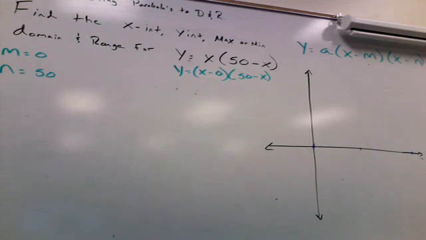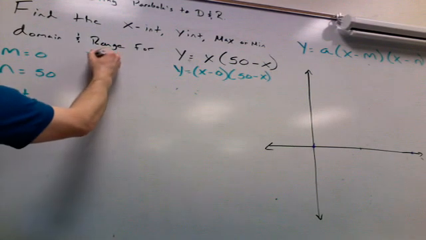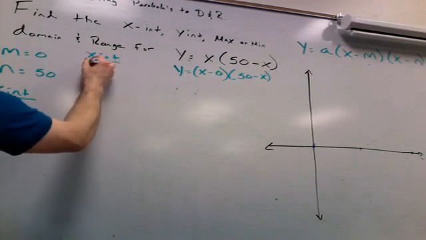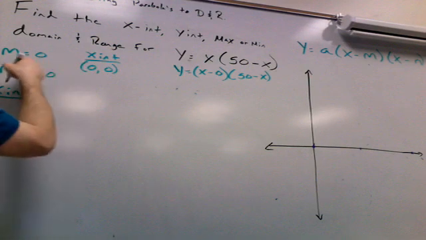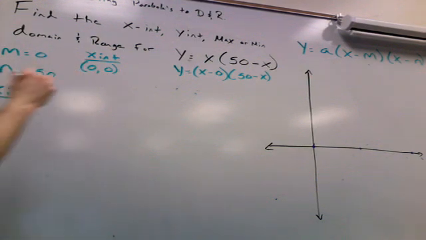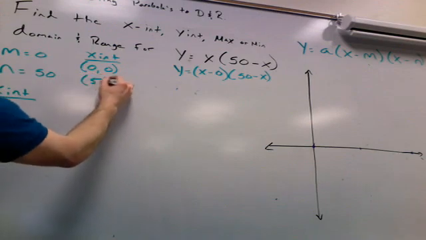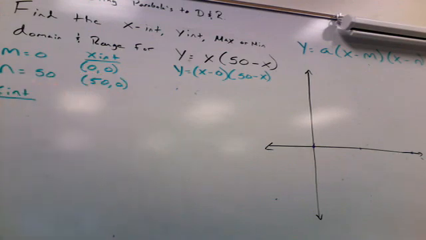It crosses the x-axis at 0 and 50, right? So our x-intercepts are going to be 0, 0 from m, and 50, 0 from the n.